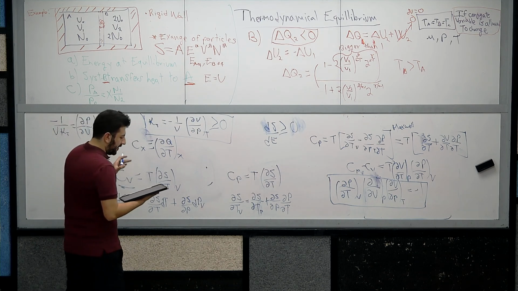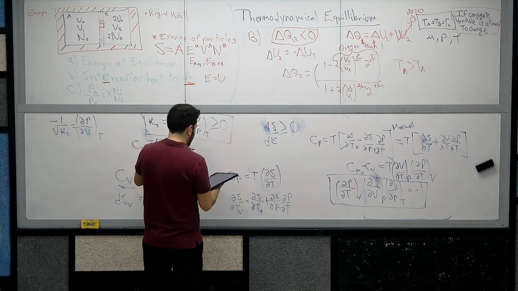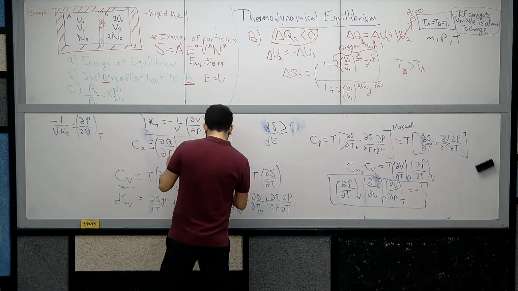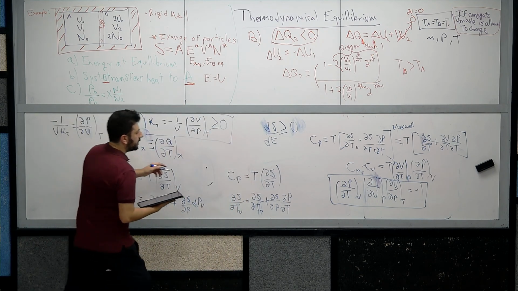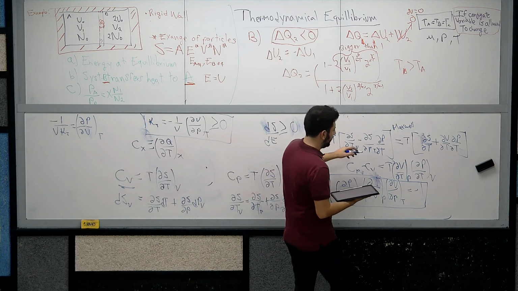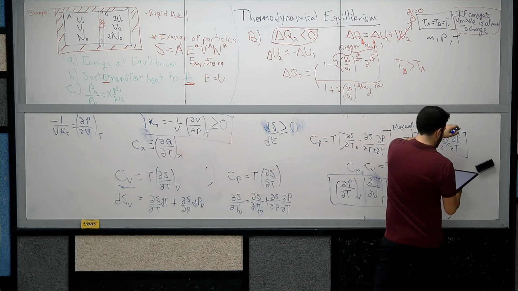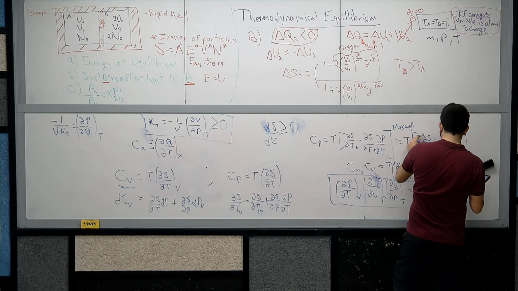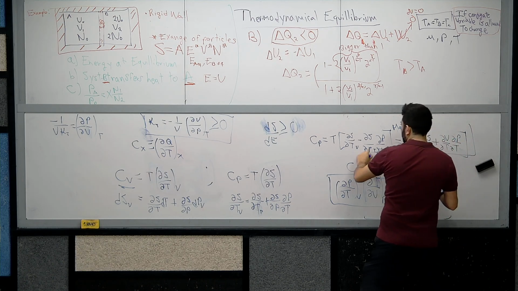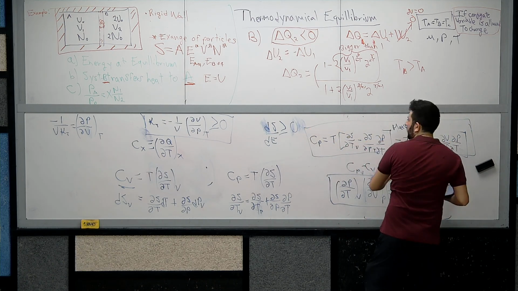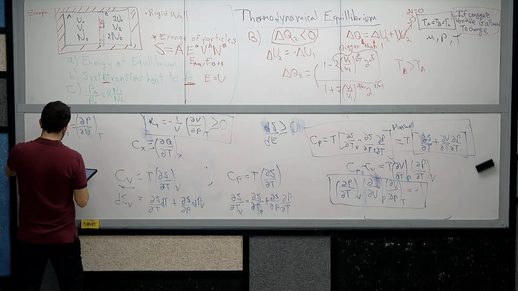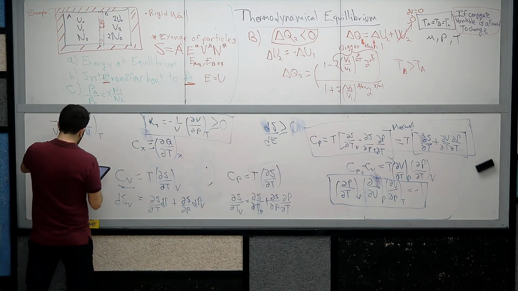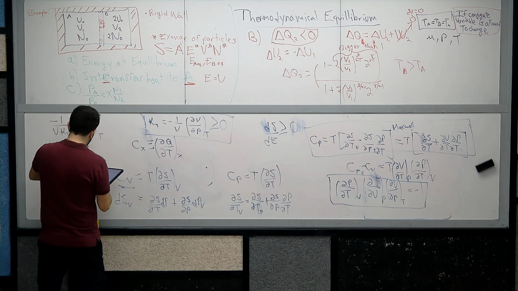Sorry, it's a bunch of derivatives, a little bit hard to follow, but using the definition of compressibility, we get that Cp minus Cv is T over V kappa T.